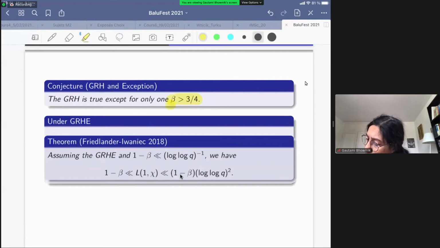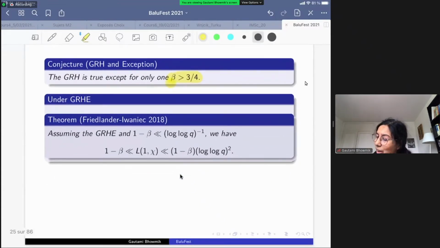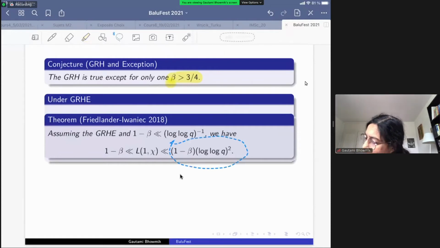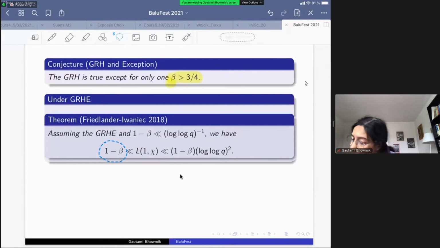They show that if we assume this GRHE and if 1 minus beta is less than 1 by log Q, then L1 chi can be bounded by 1 minus beta times log Q squared, and on the other hand by 1 minus beta. But certain conditions are assumed.